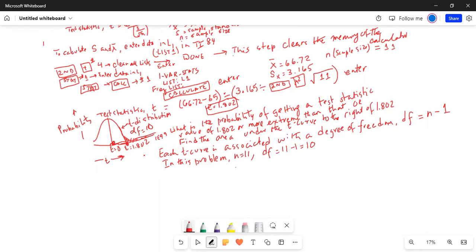So press the second key, then the verse key, which is in the third row, then scroll down to tcdf and hit enter.